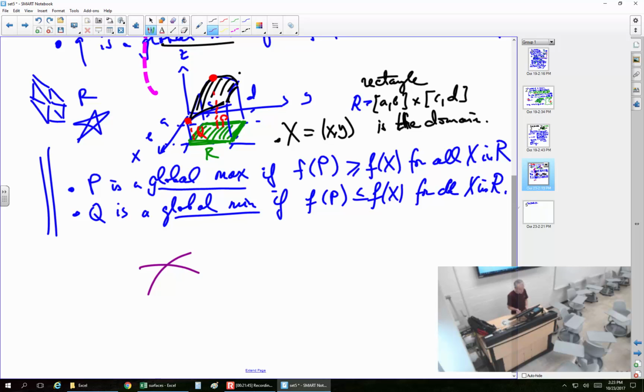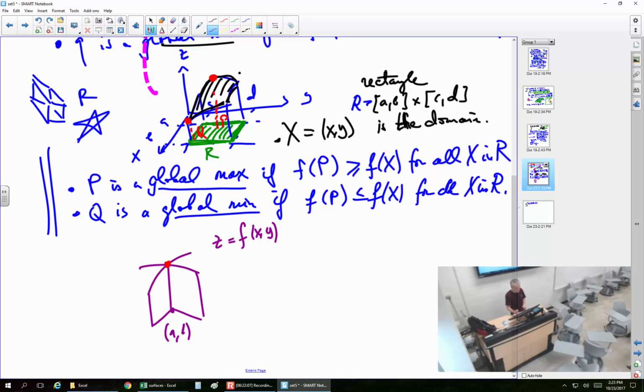So let me make it clear. These are our two functions, the one-variable functions, if you like. So our surface is kind of cut here, and this is our maximum point. The function is z equal to f of xy. This point is AB.